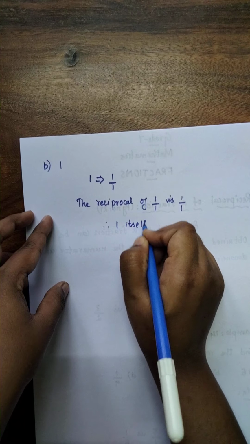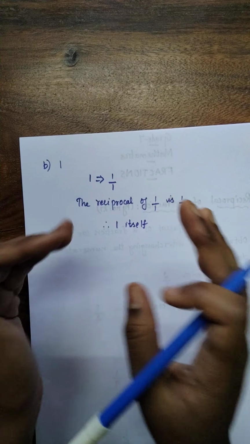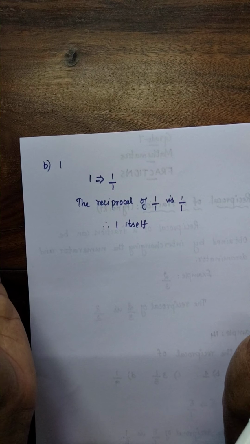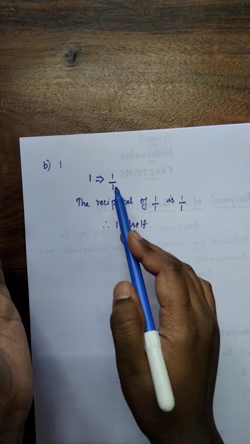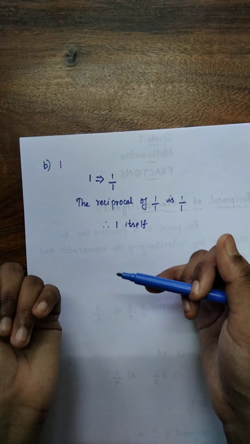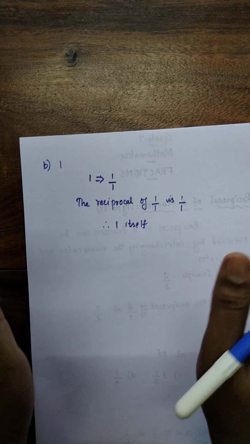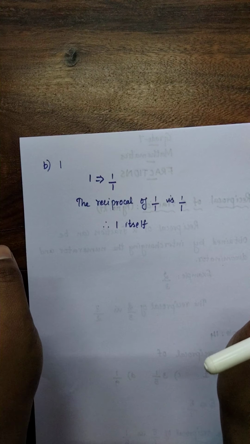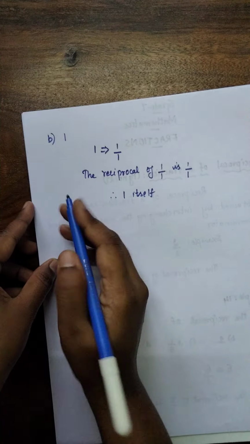The reciprocal of 1 is the same number 1. When we interchange the numerator and denominator of 1 by 1, again we get 1 by 1. So the answer is 1 itself. Understand?